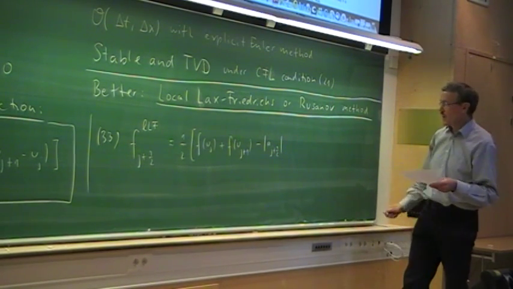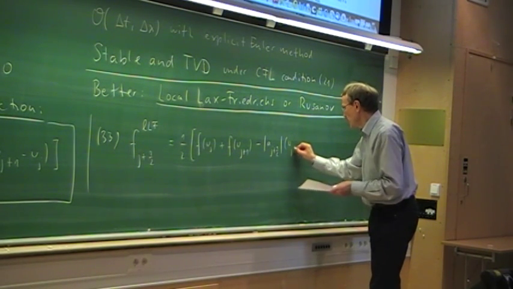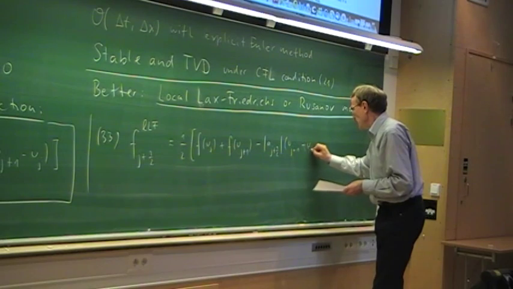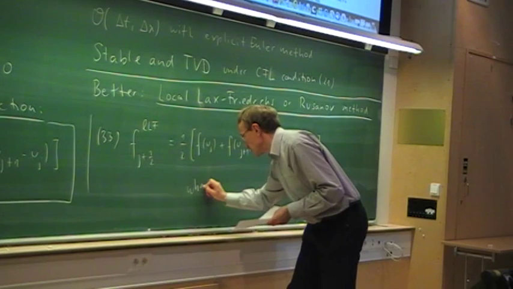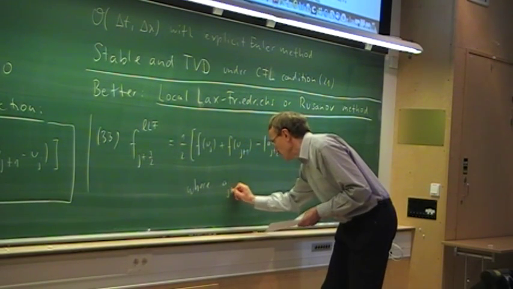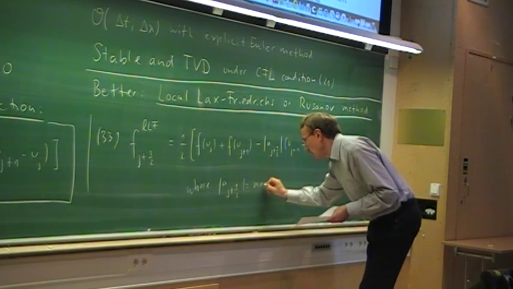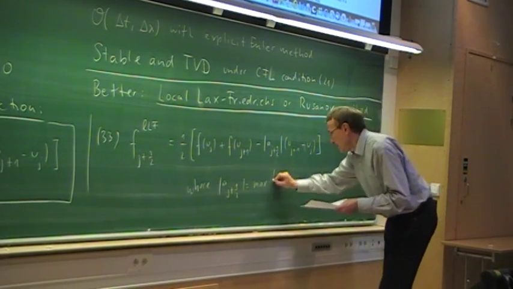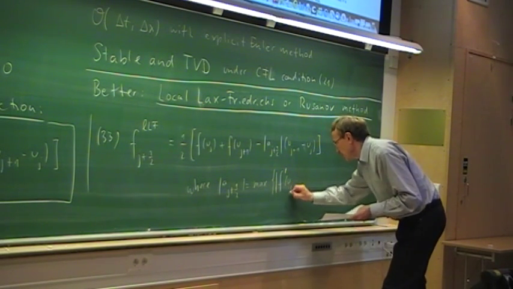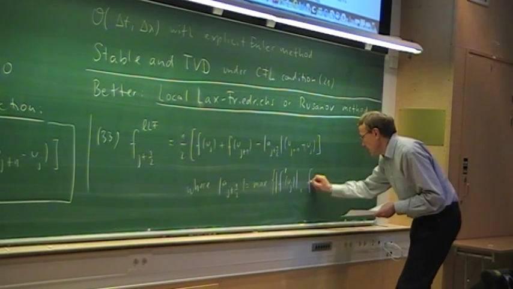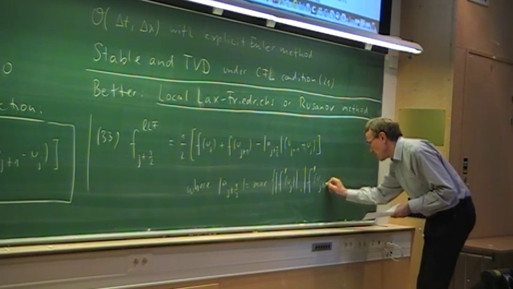That is, it looks similar as to what we had for the upwind method, but this has a different expression. So it is minus u_j, and that is important, how we determine this characteristic speed. That is the maximum of the absolute value of f prime, that is the characteristic speed evaluated in the cell j, and the absolute value of the characteristic speed evaluated in the cell j plus 1.